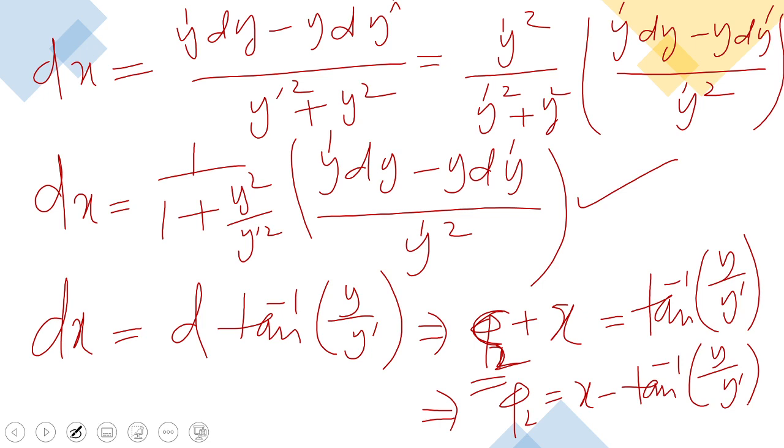So now I have phi 1 and phi 2. The other goal is to find the solution. These are first integrals. You see, we have phi 1, which is y square plus y dash square.